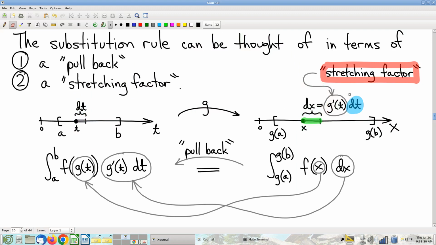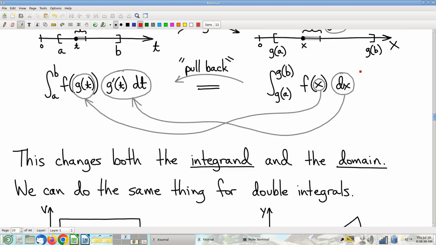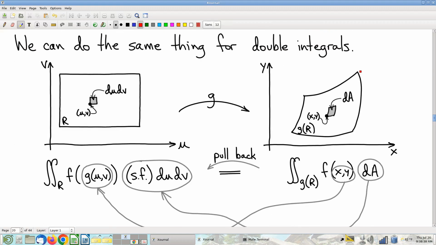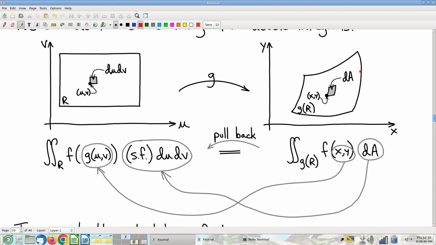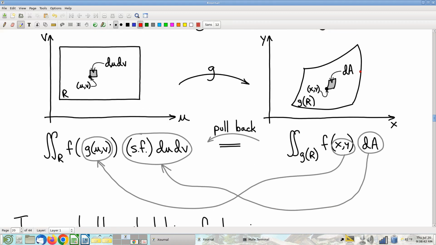Okay, so what I'd like to do now is do the same thing in 2 dimensions. Totally analogous thing. Here we go. Let's suppose I have a nice domain over here. I've drawn it as a rectangle. It doesn't have to be, but the idea here is I want to think of the left domain as being the nice one. This is the one that we like. Right?